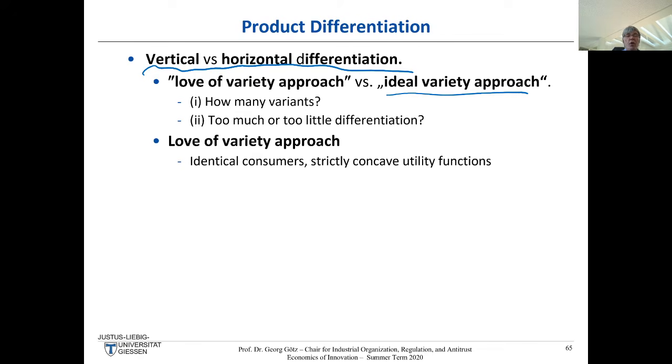That would be your ideal variety, and typically the assumption is, given prices are equal, you just visit the bakery which is closer. And therefore you get some reduction in the intensity of competition if the distance between the two varieties is far. You might also have a love of variety approach. Love of variety means you demand several products.